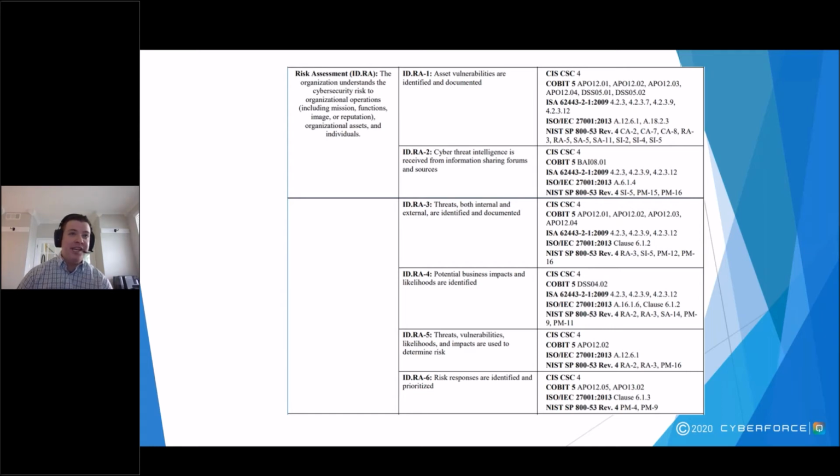In RA3, we're identifying threat actors and their characteristics. RA1 is about understanding your vulnerabilities and predisposing conditions. And then RA4 is about understanding the impact of potential risks. It all ties together in the 5th and 6th controls, where the control set calls for the actual tabulation of risks, as well as making sure that a decision is made for how to handle each.